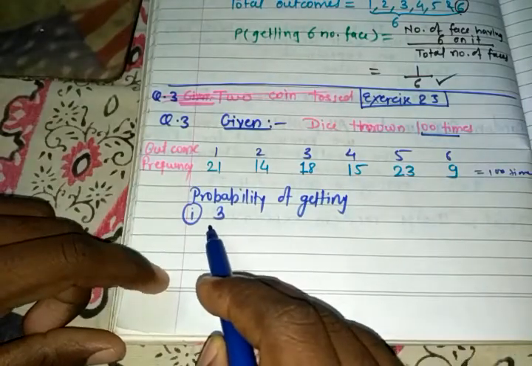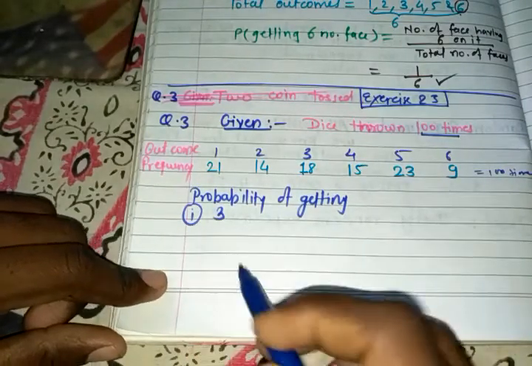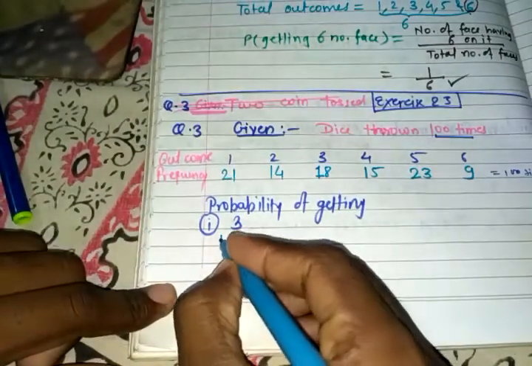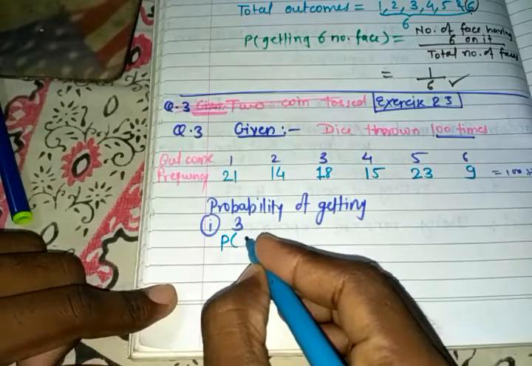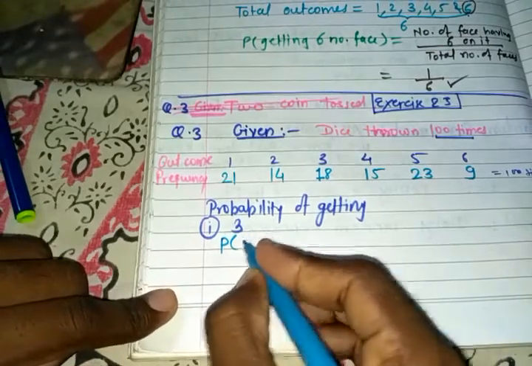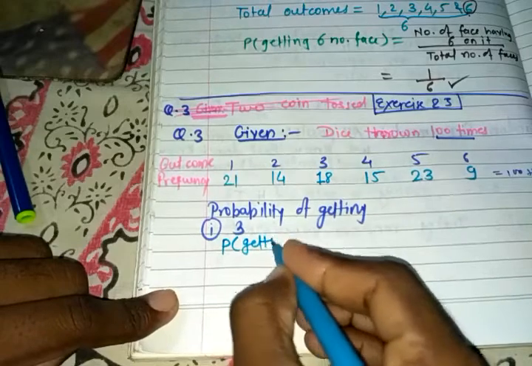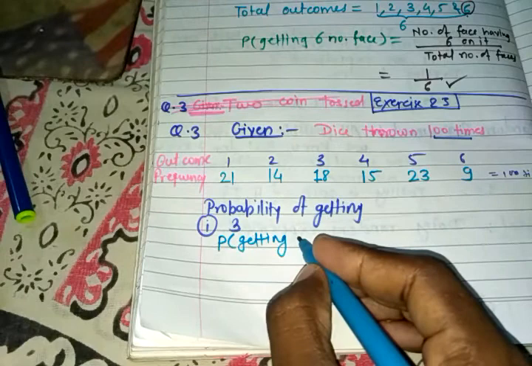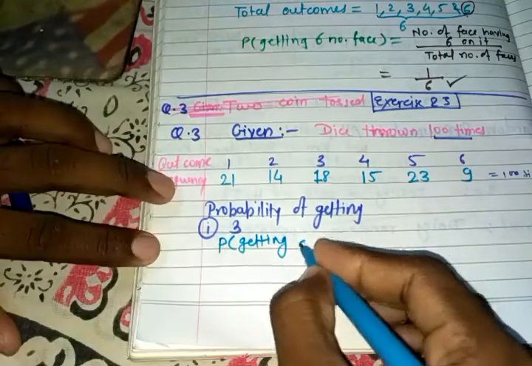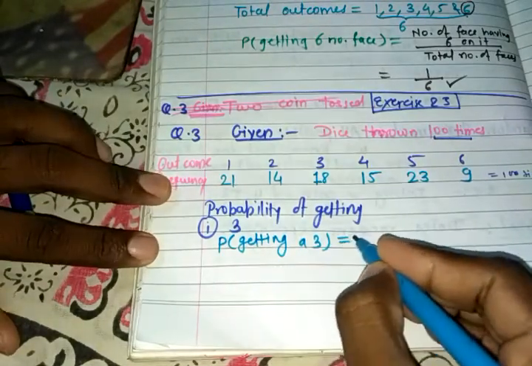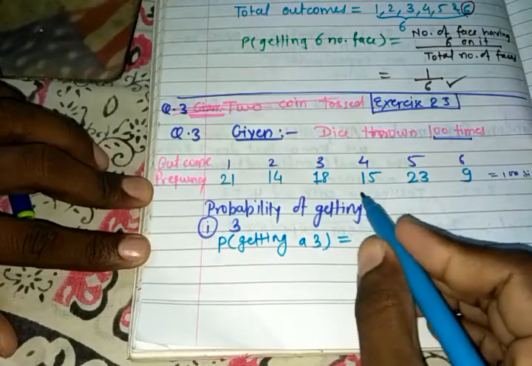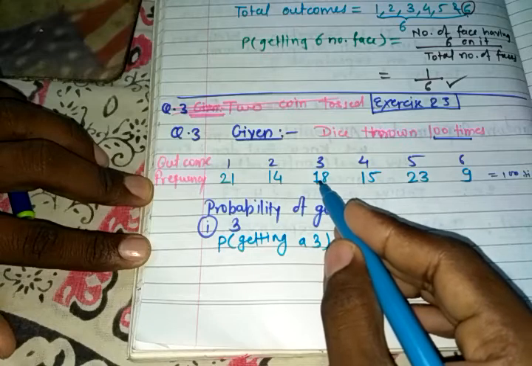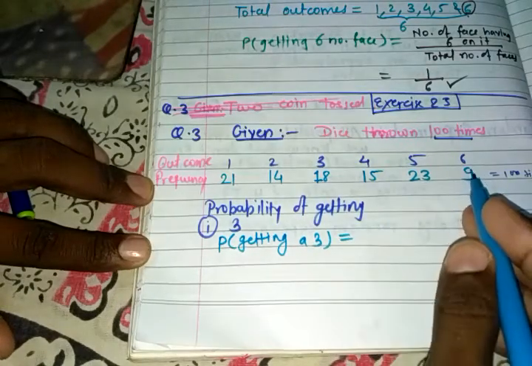Now they are asking the probability of a particular outcome. First is the probability of getting 3. In that we have to write our main formula: P of event, what event? Of getting 3. P of getting a 3 is equal to the number of times 3 comes, out of the 100 times the dice was thrown, right?